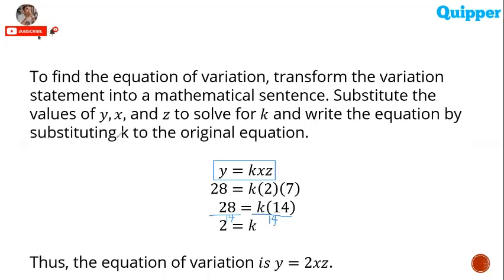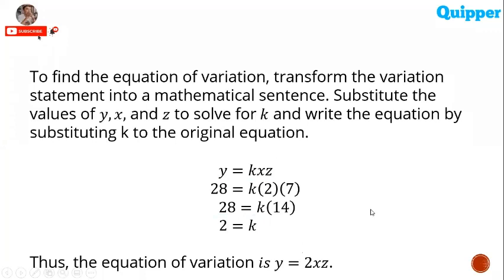From there, you're going to substitute k into the original equation to find the equation of variation. Substituting 2 for k, we get y equals 2xz as our equation of variation.